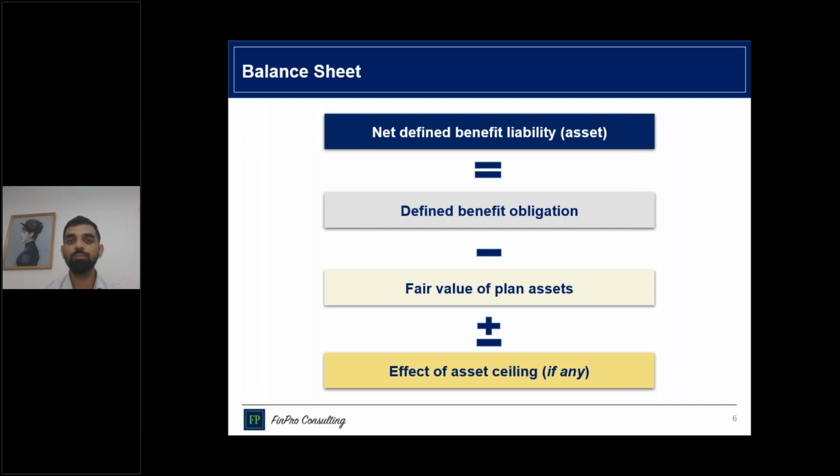So in very simple language, the total liability as determined by the actuary relating to the defined benefit plan, let's take an example of gratuity, minus the total fair value of the plan assets which is invested with a particular insurer or any other trust or fund, subject to the asset ceiling. That is what is recognized in the balance sheet.